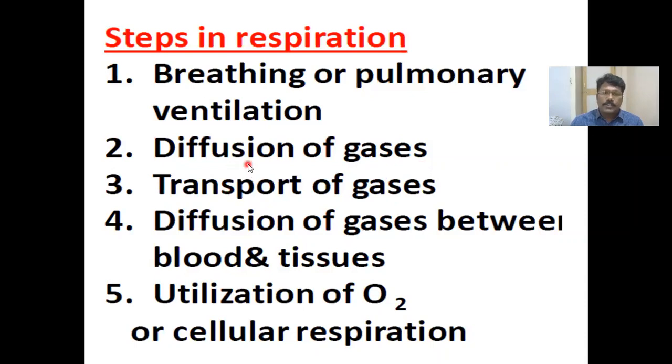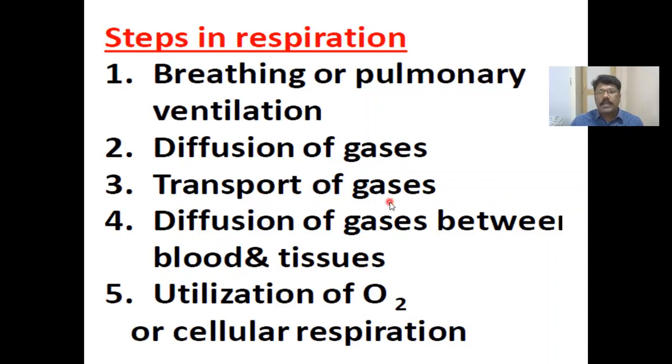And during this diffusion of gases, what happens? The oxygen that we take into our lungs will be diffused, and the carbon dioxide that has been brought from the tissues will be exchanged. So that is what we call a diffusion of gases.